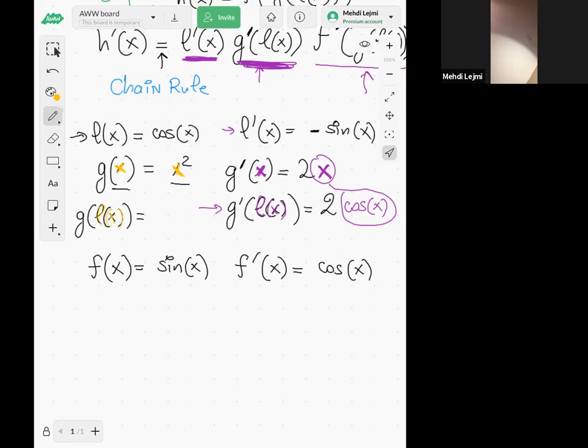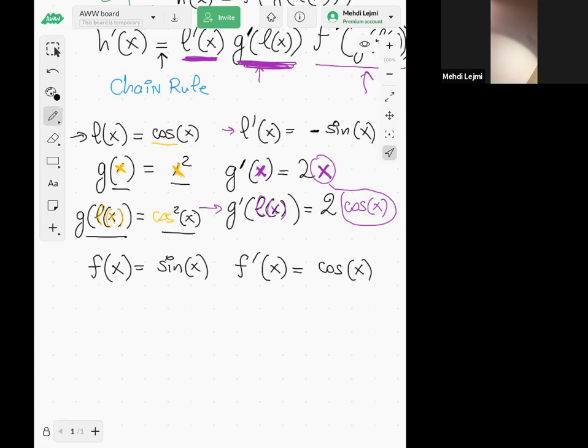L of x is cosine of x, so it's going to be cosine, and there's a square, so it's cosine square of x. So what I'm saying is that g of L of x is cosine square of x.